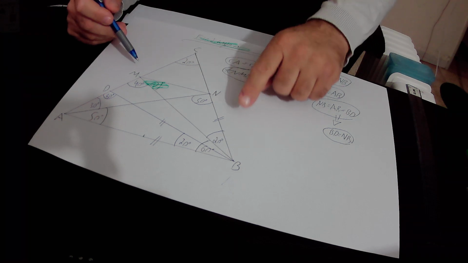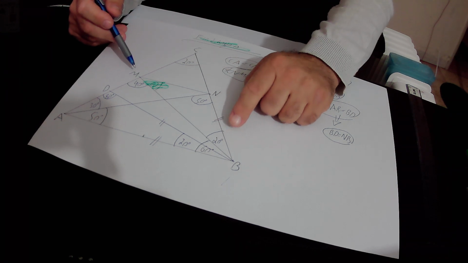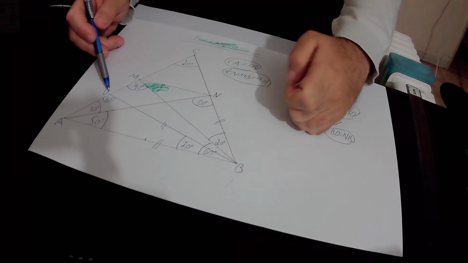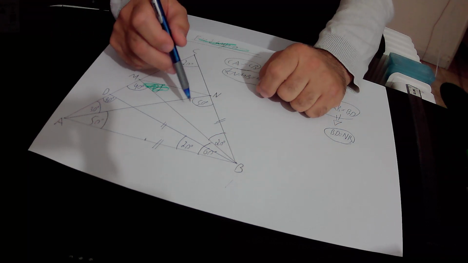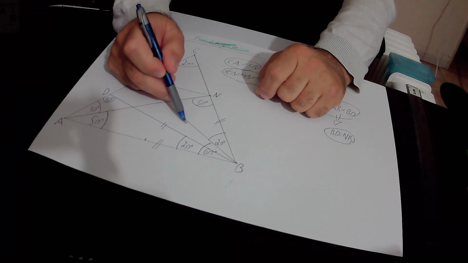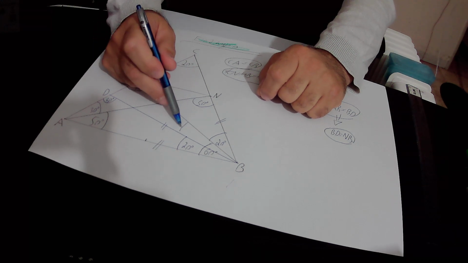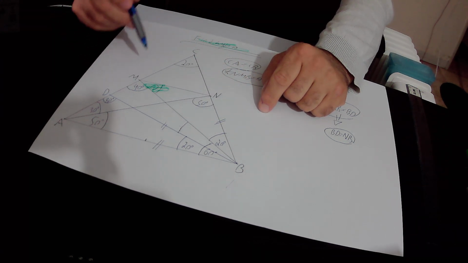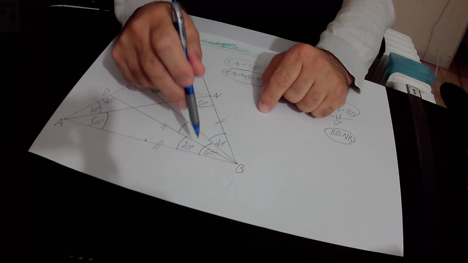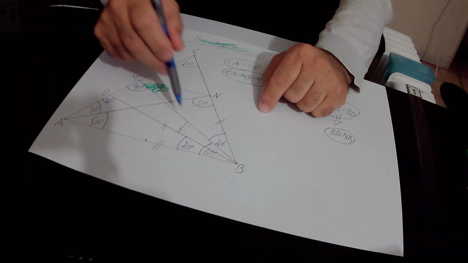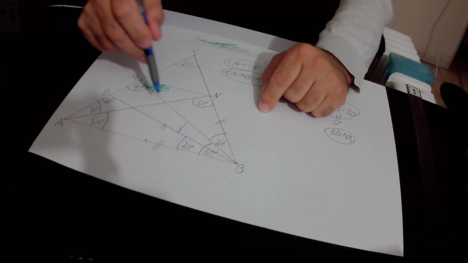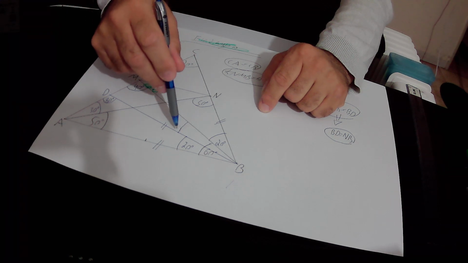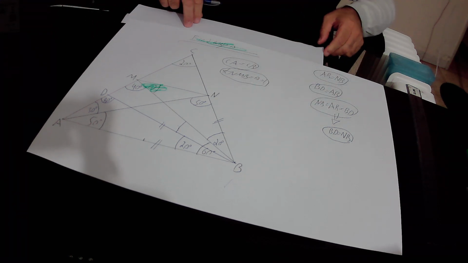So the big angle MBA minus the small angle DBA will be equal to the missing angle. This missing angle is actually angle MBD. Repeat again, the big angle MBA minus the small angle DBA equals the missing angle MBD.